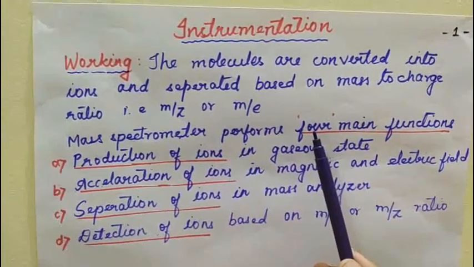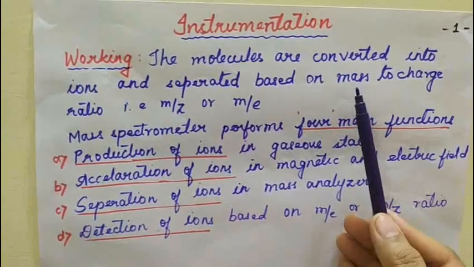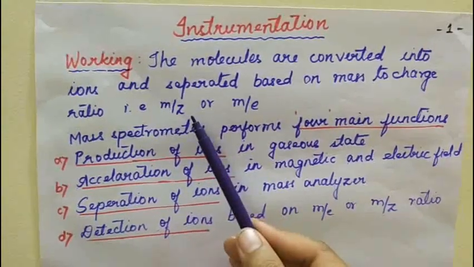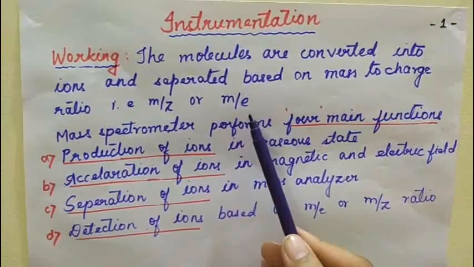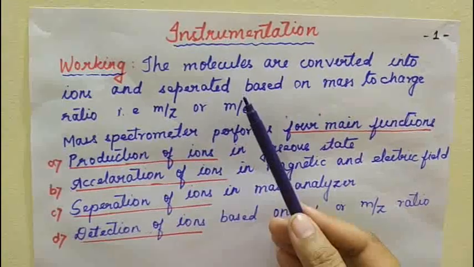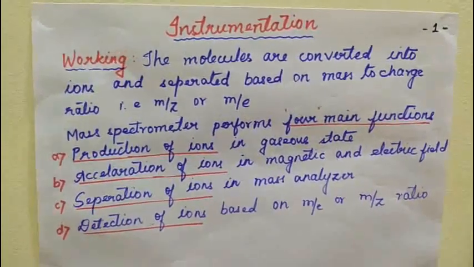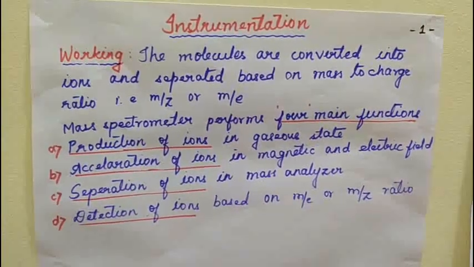The fragment ions as well as the molecular ion are separated based on the mass to charge ratio and displayed in the mass spectrograph, which is the plot of the intensity or the natural abundance along the y-axis and m by e ratio along the x-axis.